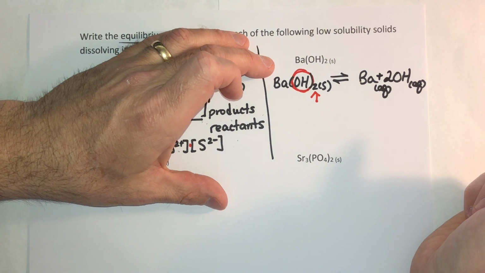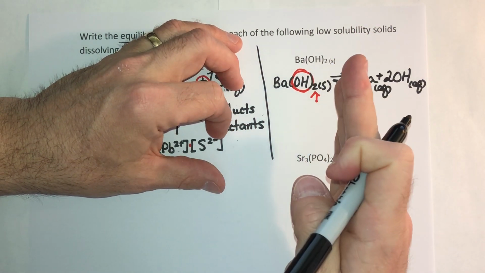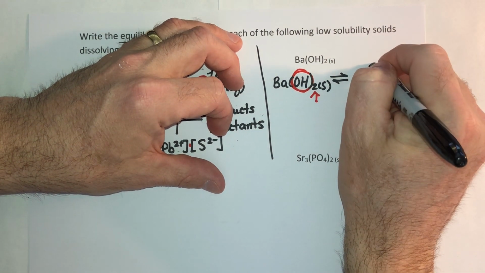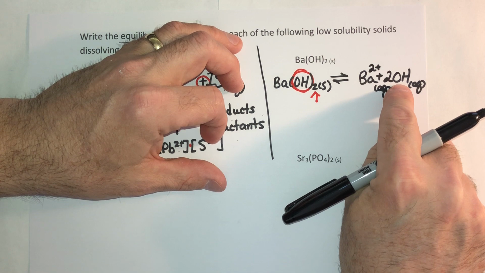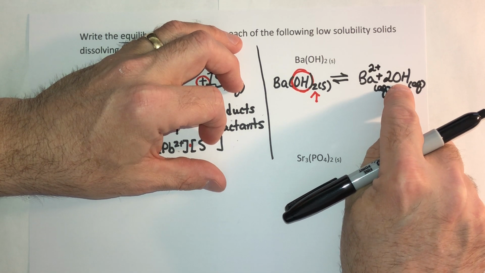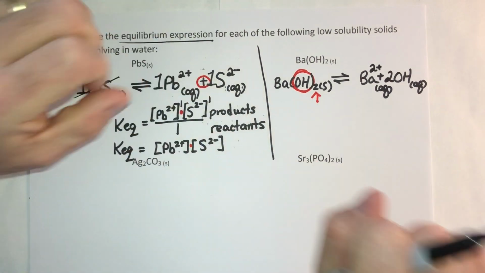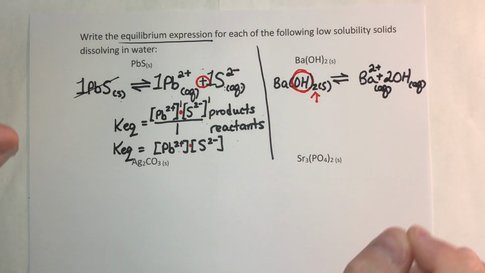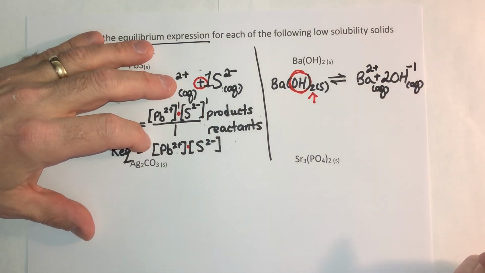So if you go to your periodic table, barium is in group 2A. If it's in group 2A, that means your charge is a +2. Your hydroxide is a polyatomic ion, right? It's made up of an oxygen and a hydrogen together, so it's a group. So if you go to your polyatomic ion table, you can look it up and see that the charge is -1.